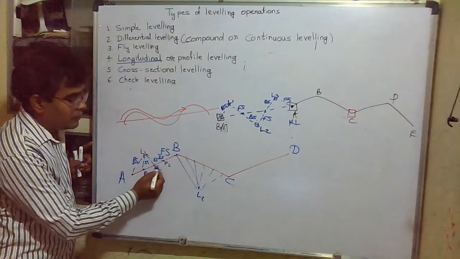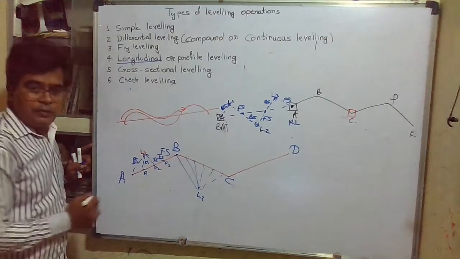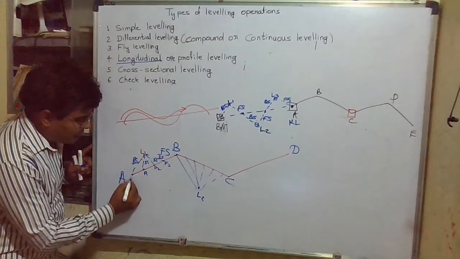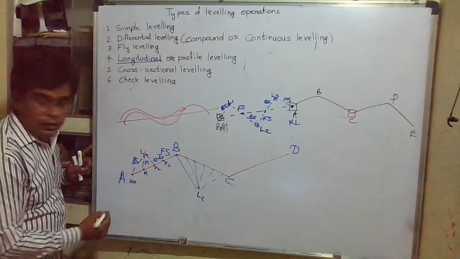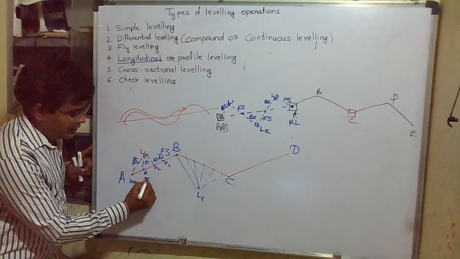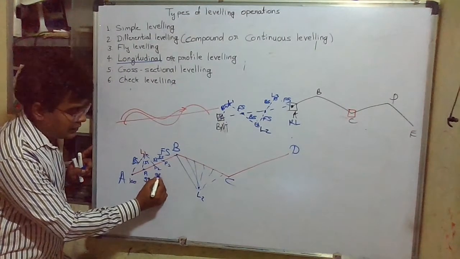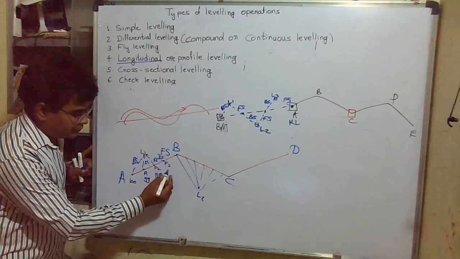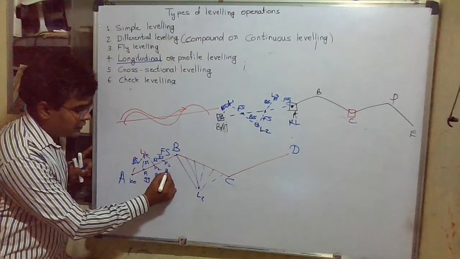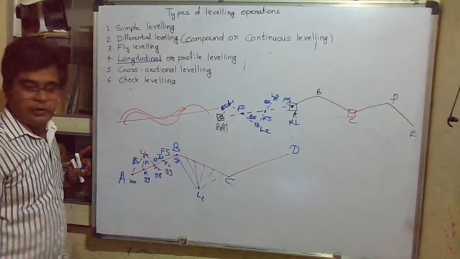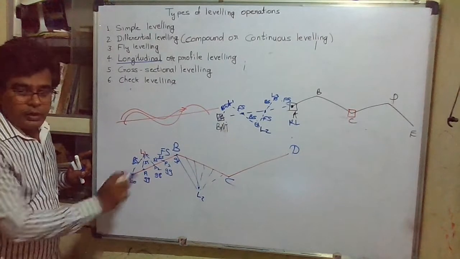There is a distance of 20 meter in our alignment. Let the RL of this point A be 100, RL of this point is 99, then RL of this point is 98, suppose RL of this point is again 99 and this point is 97. We got these different RLs at these points.